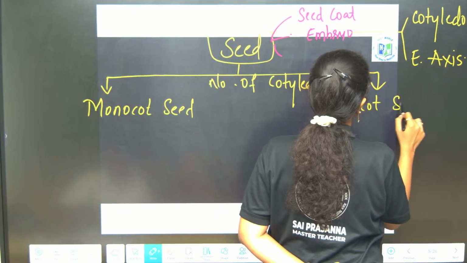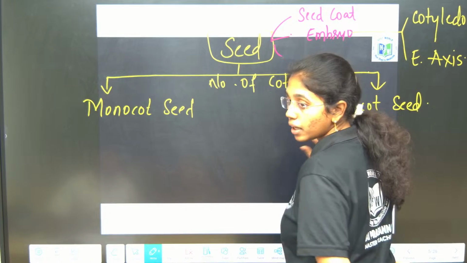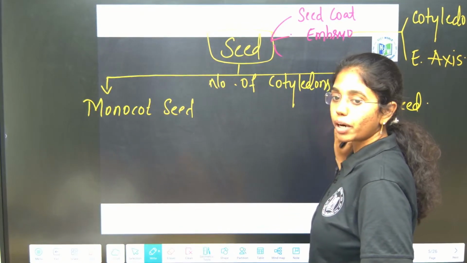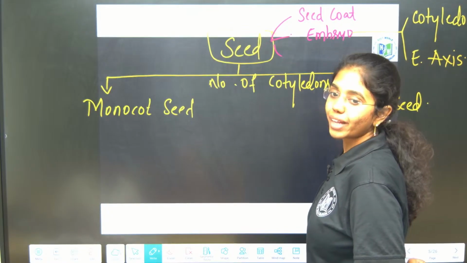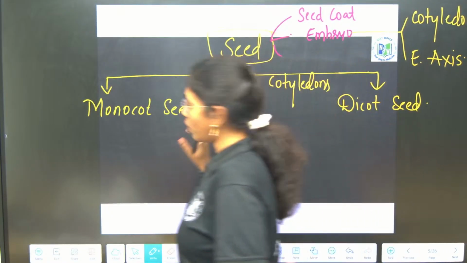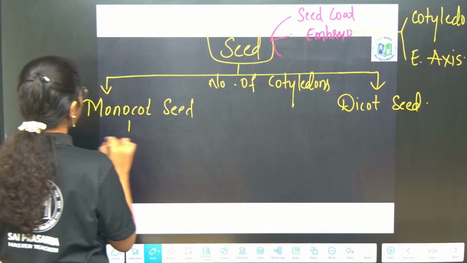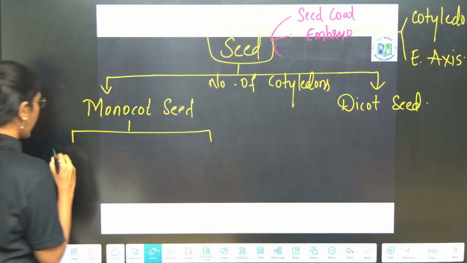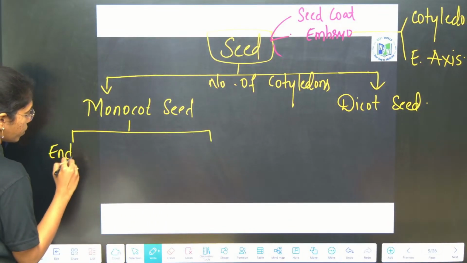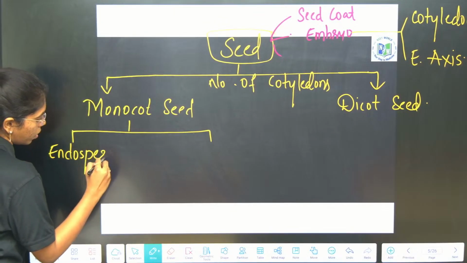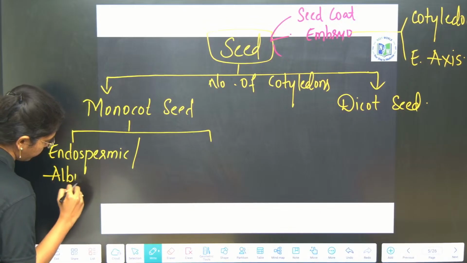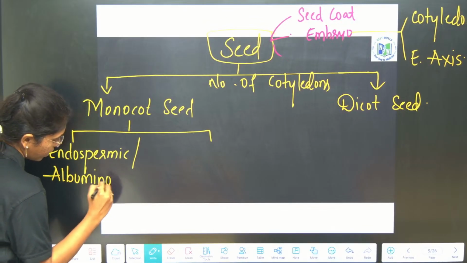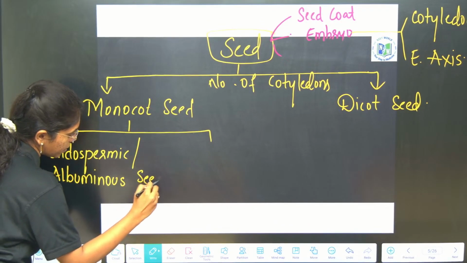If this seed part is clear for you, it will be easy for you in sexual reproduction of flowering plants. There are many connecting links with that chapter in NCERT 12. So in the monocot seed, most of them are endospermic or albuminous seeds.